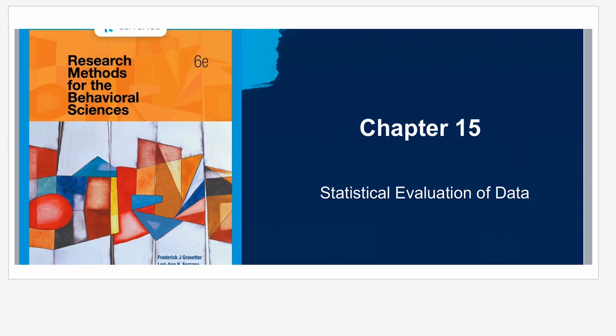This chapter is also going to provide you a roadmap to guide you to the appropriate statistical procedure that you need for your own experiment, if you were to do your own study.